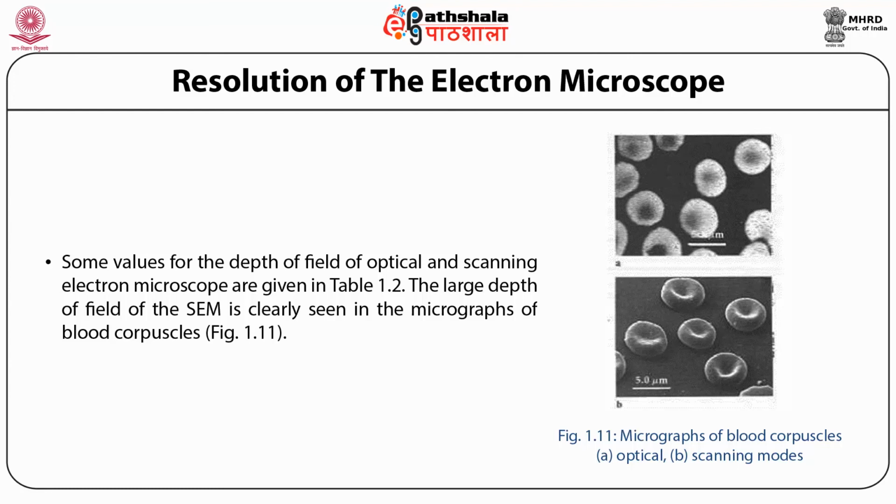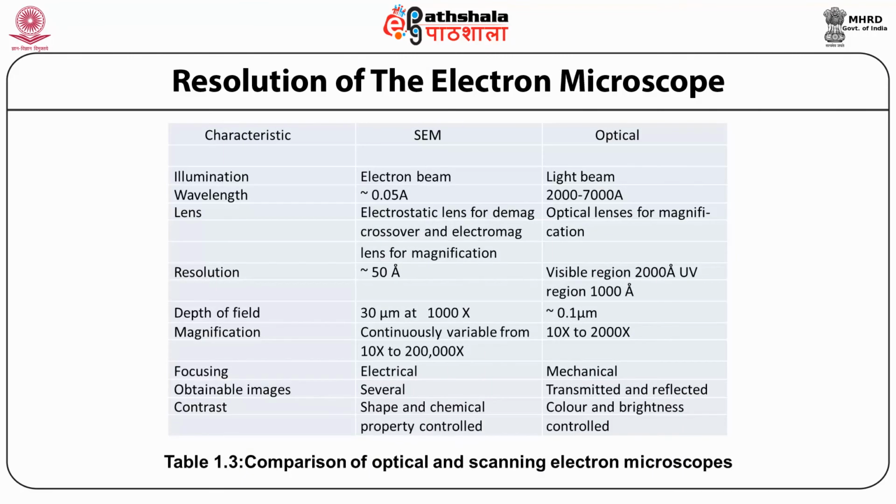The large depth of field of the SEM is clearly seen in the micrographs of blood corpuscles as shown in figure 1.11. Figure A shows the optical image and B shows the scanning mode. Now, towards the conclusion, we will compare the characteristics of optical and scanning electron microscopes.